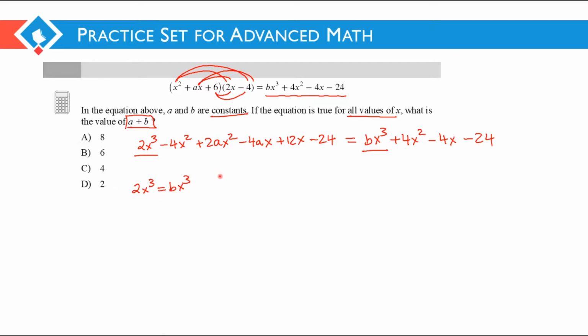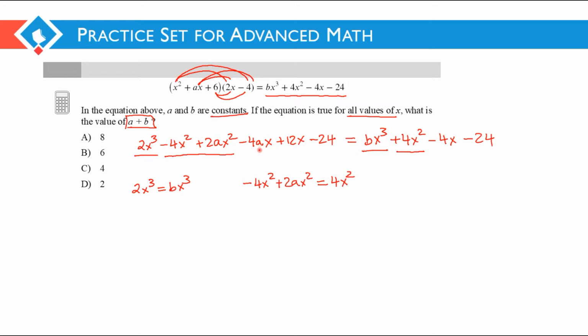All right, and then the next thing we can do is say the coefficients of our squared terms will be equal to the coefficient of our squared terms here. So in this case, you have minus 4x squared plus 2ax squared, and that's going to be set equal to 4x squared.